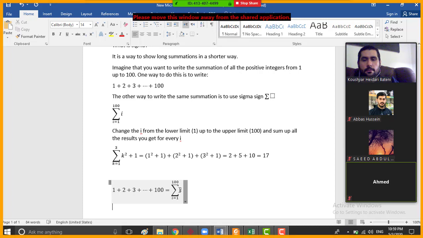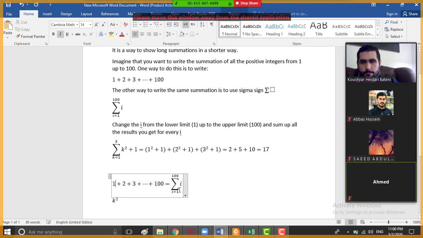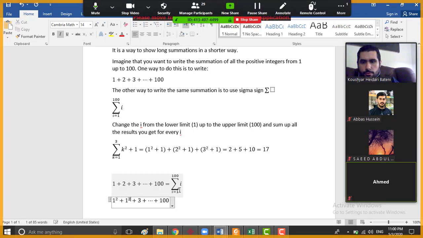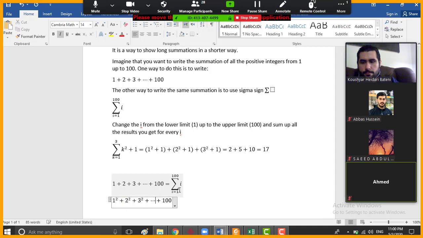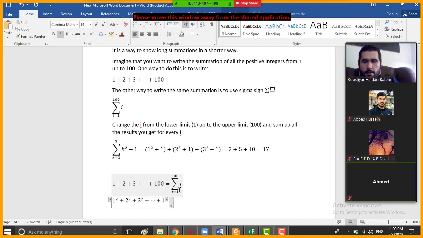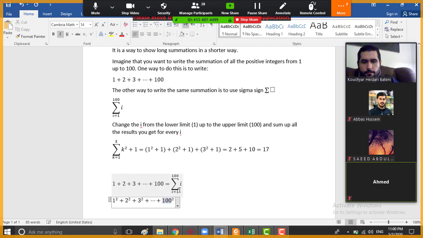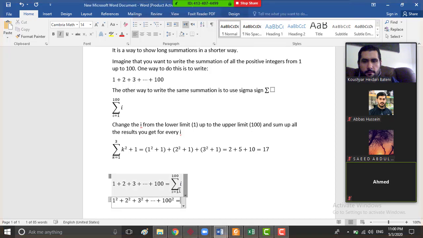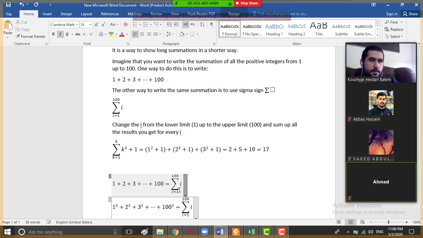Now, if you had something like this, 1 squared plus 2 squared plus 3 squared plus up to 100 squared, you could write this is equal to sigma i from 1 to 100, and in front of the sigma, what should I write?